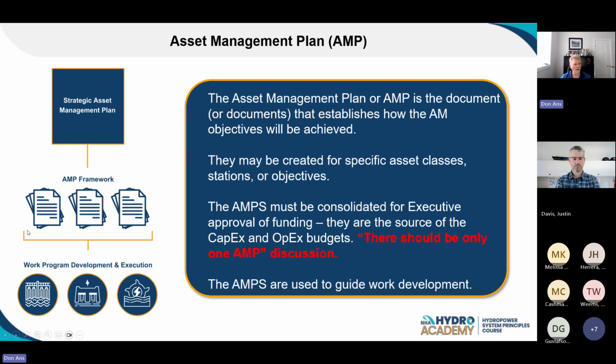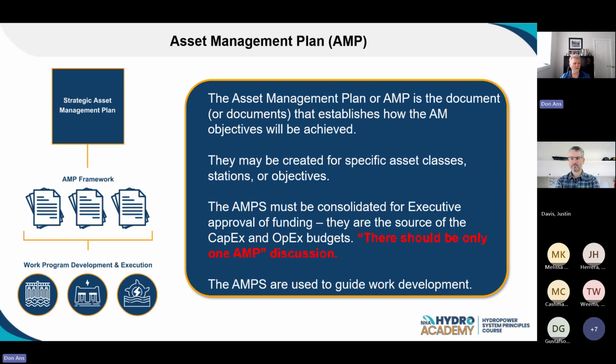So they take a look at all of these AMPs and pull it together into your capital plan and your OpEx plan, right? Because all of this work has to come together for executive approval. Asset management doesn't provide funding, the executive does. So asset management proposes a plan based on all these proposed investments, and then the executive signs off on them, saying you can have this much money for capital, you can have this much money for OpEx.